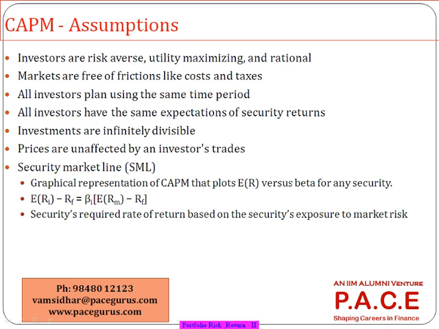And all investors have the same time period. You invest for 10 years, I invest for 10 days. But it is assuming that the investment period is same for all of them. They have the same expectations of the returns. All of them find returns, variance, covariance. They all do mathematical formulas and find out all these calculations.